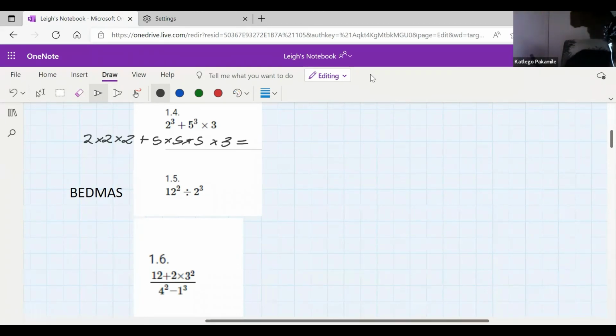No. There's 3 of them, right? So it's 5 times 5, which is 25. And then that 25 times another 5 is 125. Okay. So you must be careful. So this is 8 plus 125 times the 3 that was there. Then what?